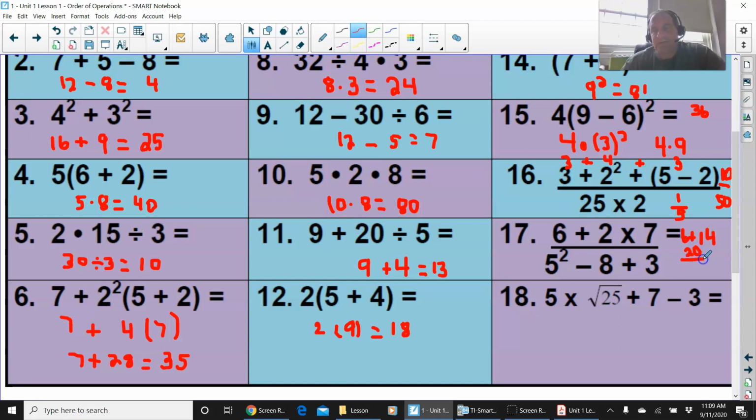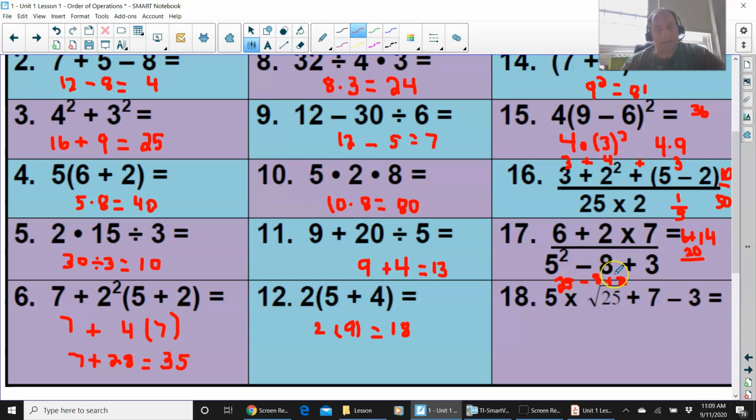In the denominator, we have an exponent, so that's the first thing we are going to take care of. We have 5 squared, which is 25. Then I'm going to bring down the minus 8 and the plus 3. Since we have addition and subtraction in that same problem, and there's no other operation, we go from left to right.